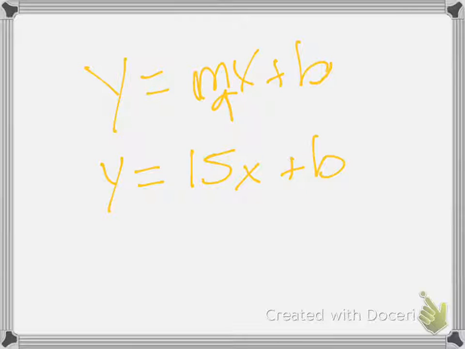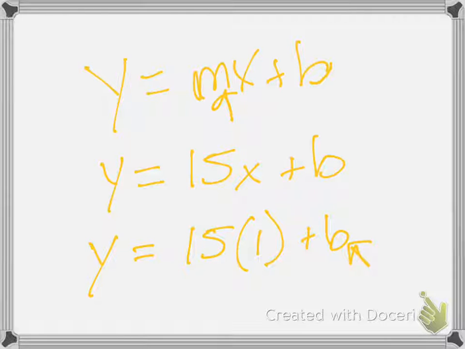And we can plug in for our other values. Y is 60. Actually, we already knew this, but we typically plug in for x, so we're going to do it that way. Y equals 15, and we'll pick the number of weeks. Let's say 1 week, plus b. Now, b is called our y-intercept.